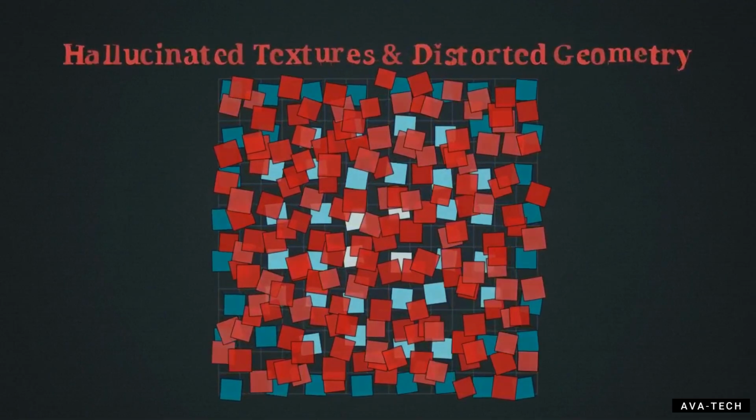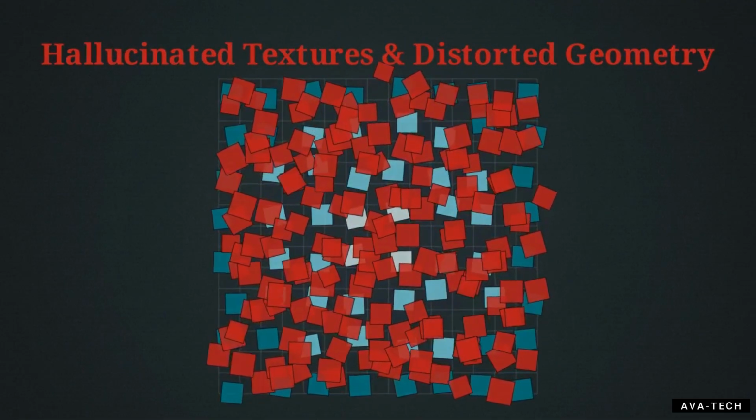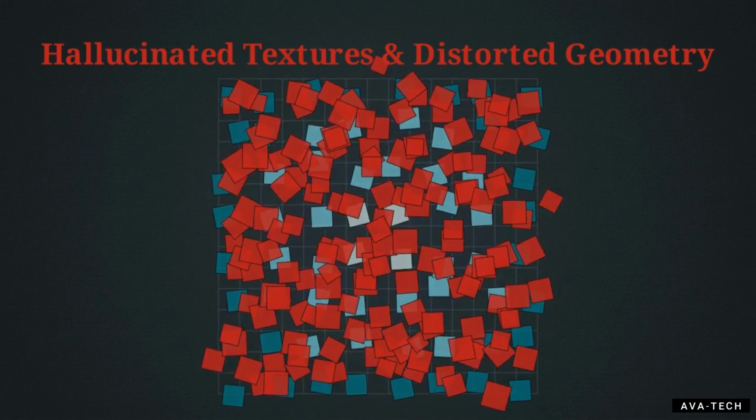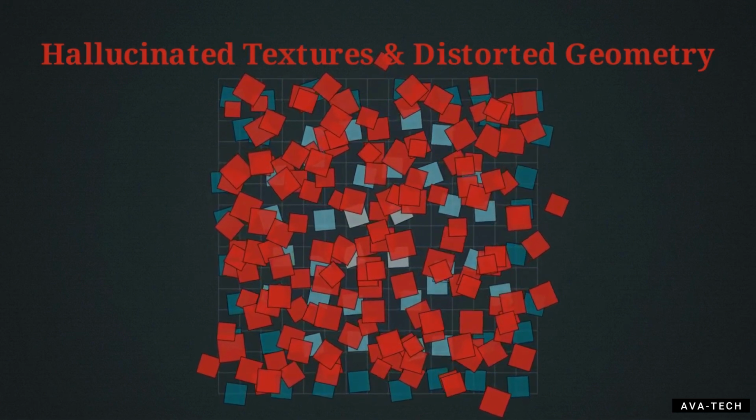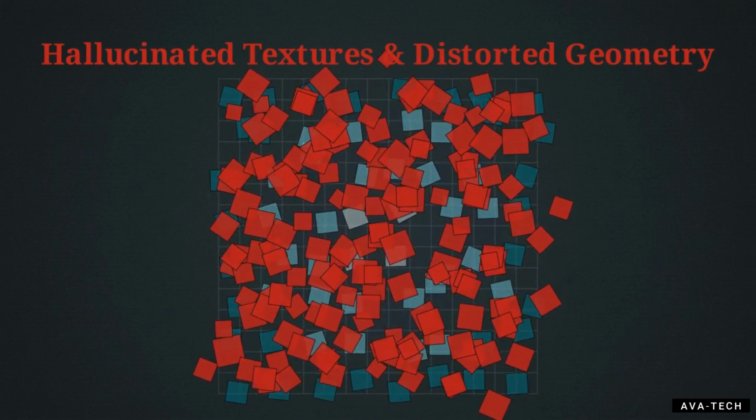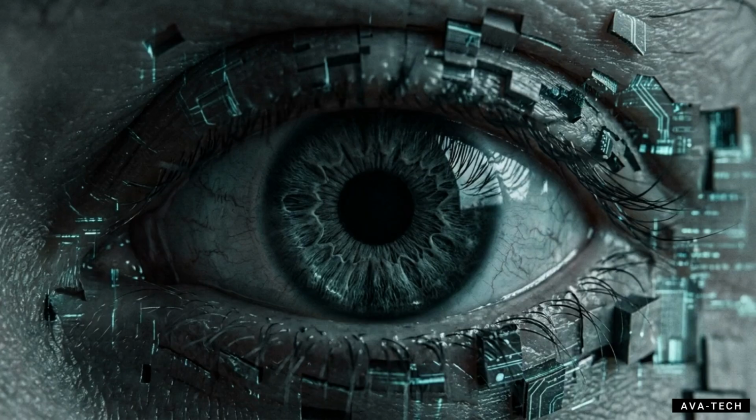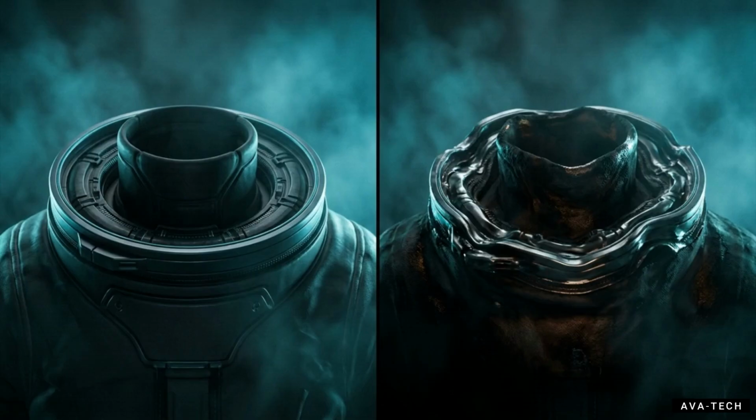Because it guesses retroactively, these pixels warp and misalign, creating hallucinated textures and distorted geometry that instantly break immersion. As long as an AI is forced to guess visual details after the generation is already finished, the frame-by-frame consistency required for professional filmmaking remains out of reach.